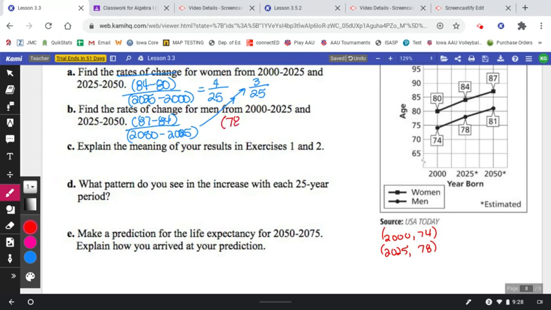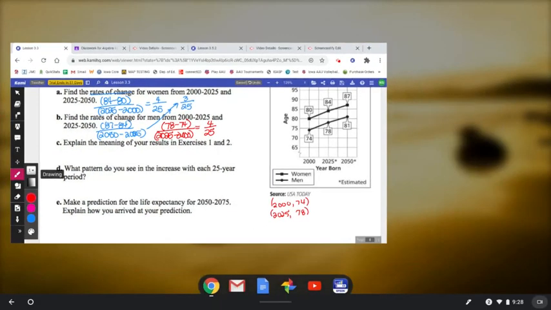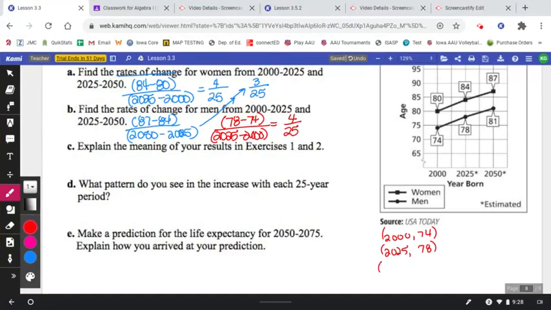So 78 minus 74 over 2025 minus 2000 gives me 4 over 25. And for 2050, looks like 81. So I do 81 minus 78 over 2050 minus 2025 is 3 over 25.